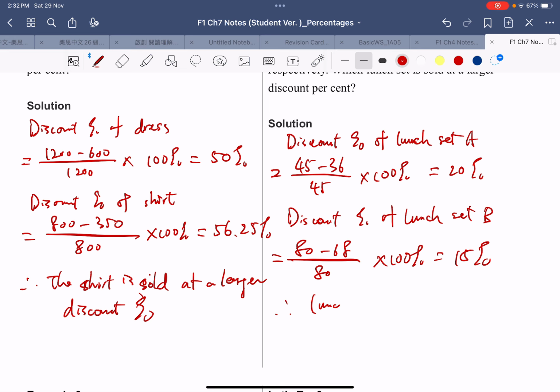Therefore, lunch set A has a larger discount percent than B. Right?